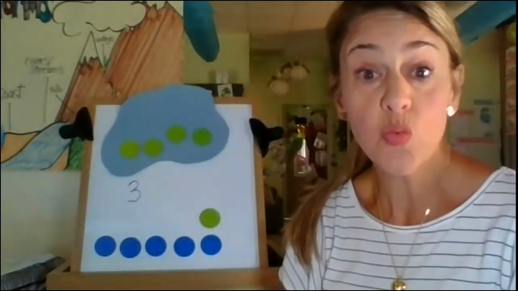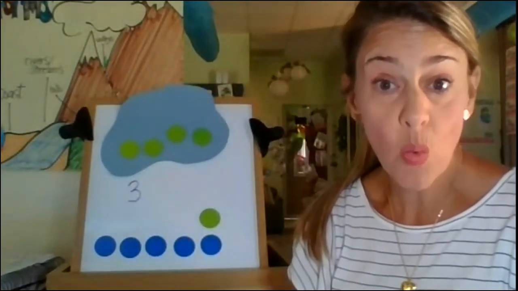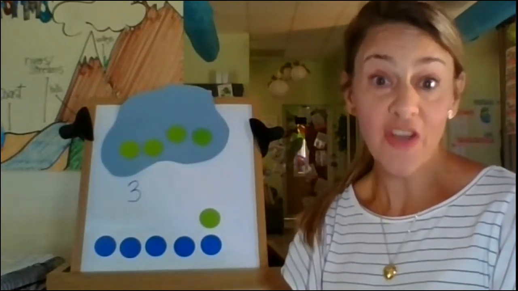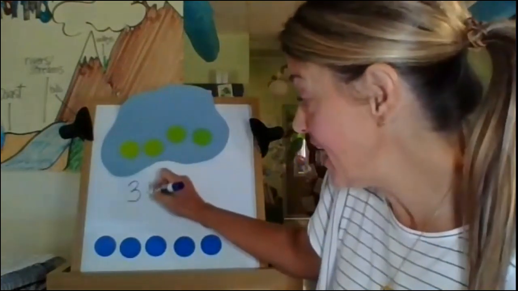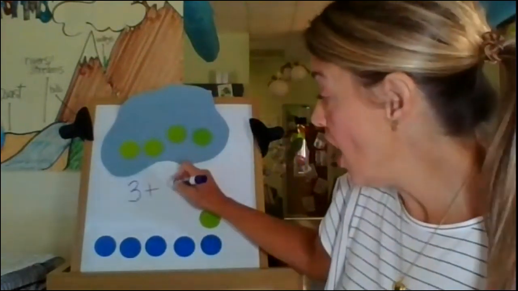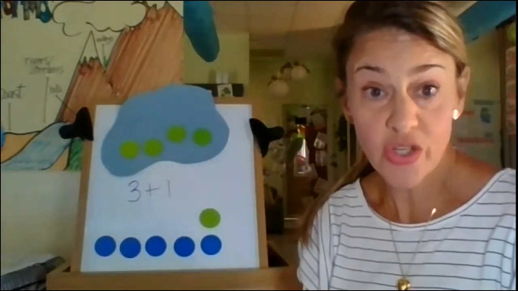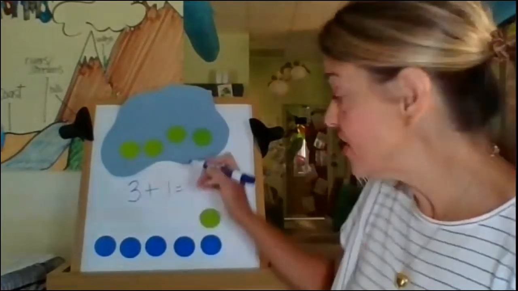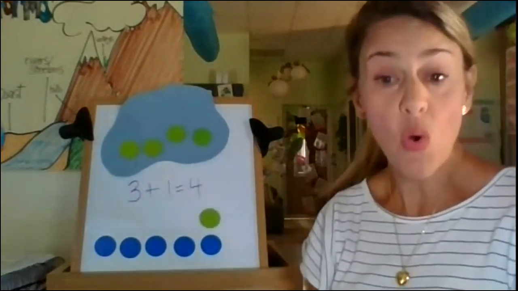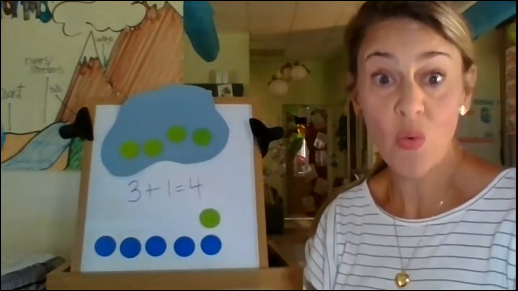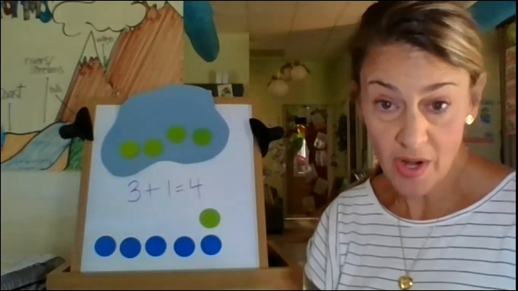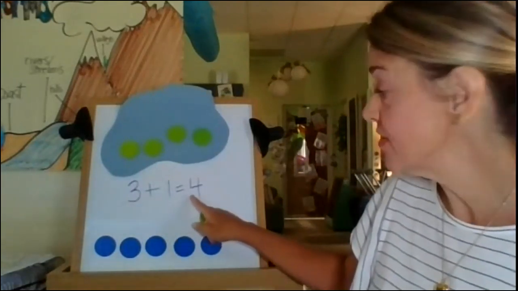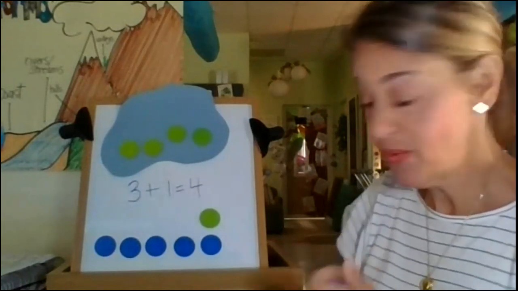There were 3 dinosaurs in the watering hole. 1 more got thirsty, so we added 1 more dinosaur to the watering hole, which equals 4 dinosaurs in the watering hole. 4, because 3 plus 1 equals 4. Okay?